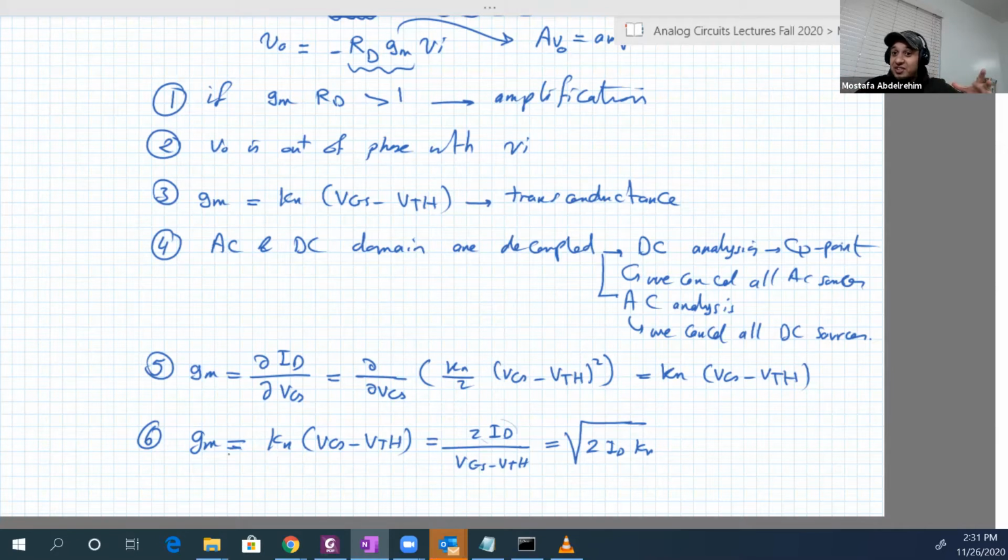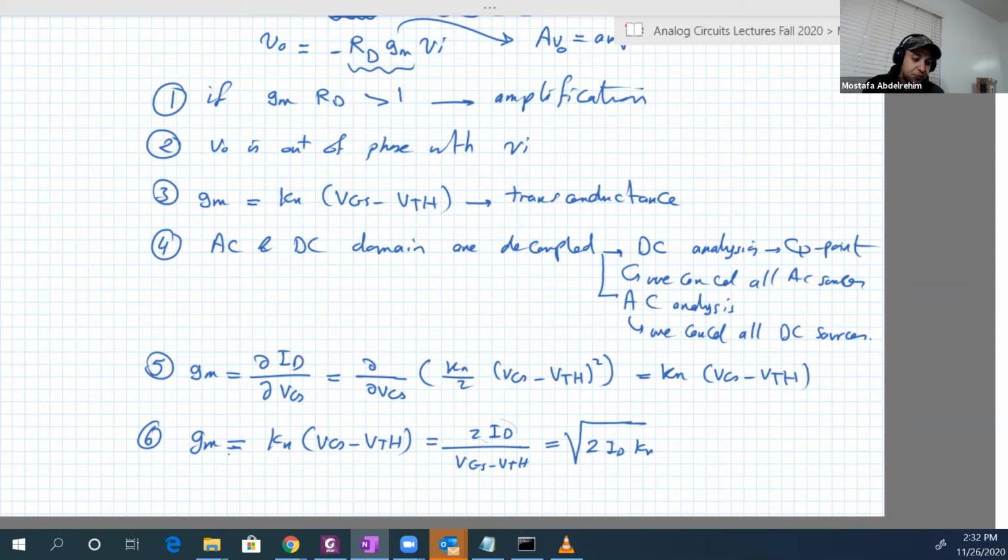So the bottom line here is that we can use the transistor to amplify signals. We see that there is amplification given by GM RD, and it depends on circuit parameters like RD, our transistor characteristics, and the biasing that we get. If you choose them right, you can have GM RD larger than 1, so you can have amplification. For small signals, we can decouple the AC from the DC. I mean, we can do the DC analysis by itself, canceling all the AC sources, then do the AC analysis by itself, canceling all the DC sources.